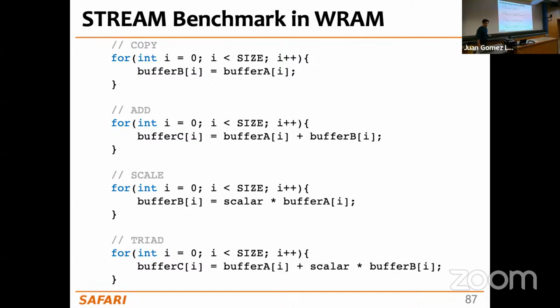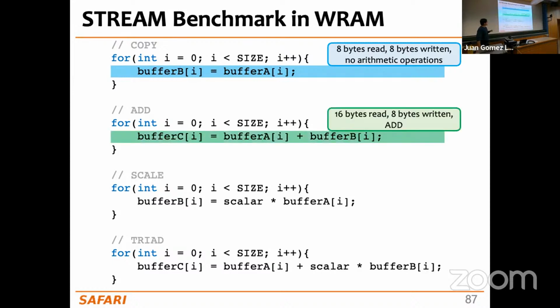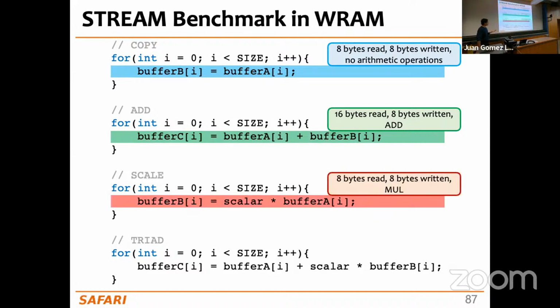Based on that, assuming that buffer A and buffer B have, for example, 64-bit integers, in every iteration we are reading 8 bytes and writing 8 bytes to WRAM. Here, for add, we have 16 bytes read, 8 bytes written, and 1 addition.